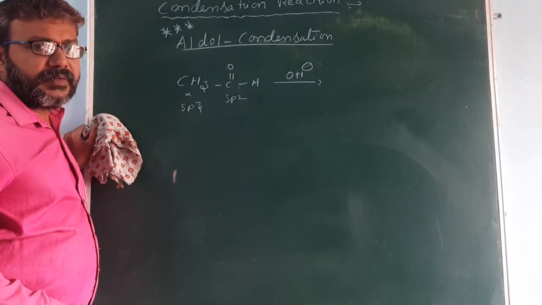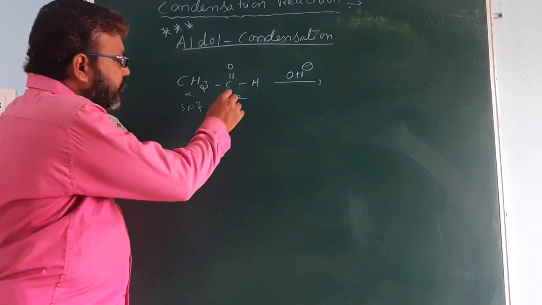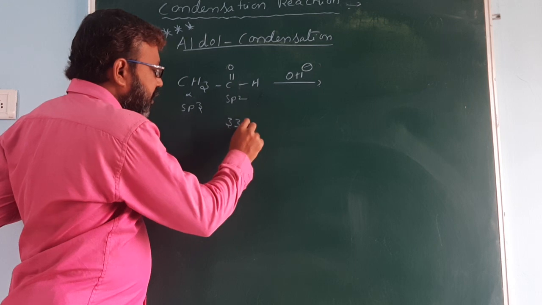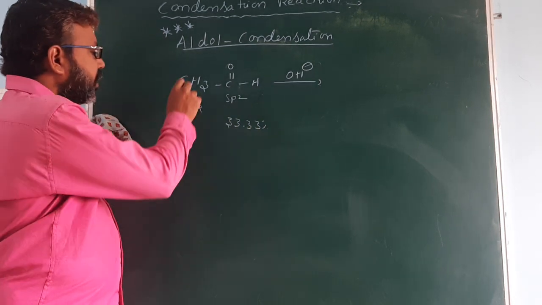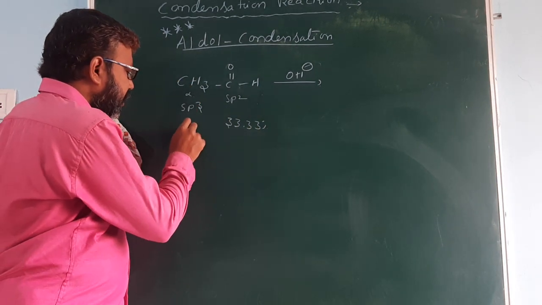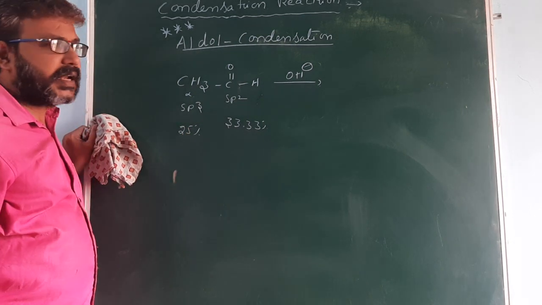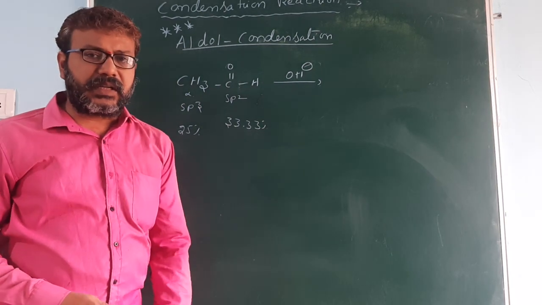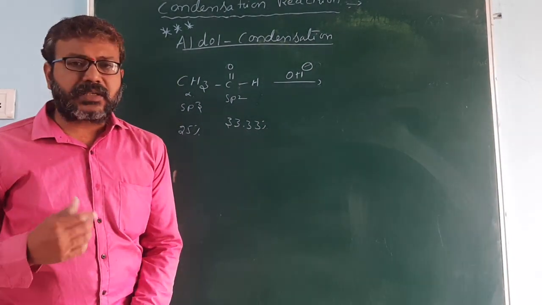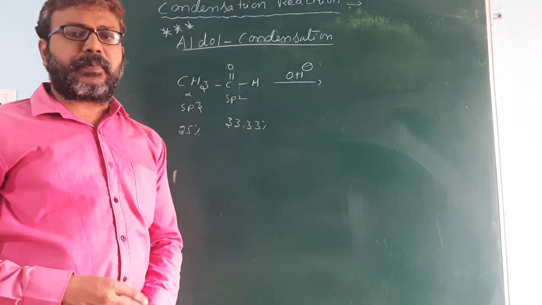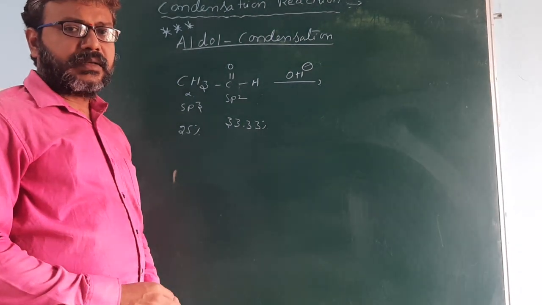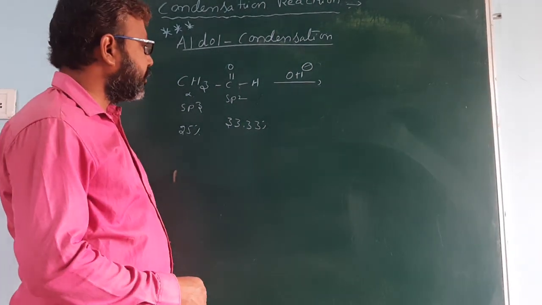When the percentage of s character increases, electronegativity increases. The sp2 hybridized carbon has 33.33% s character, while the sp3 hybridized carbon has only 25% s character. S orbitals are nearer to the nucleus and have more penetrating power.